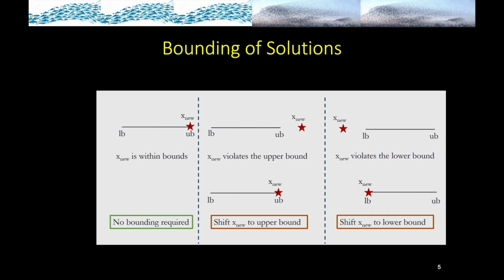For example, if your solution is -1, 1, then you have violated the lower bound on the x-axis, which has to be between 0 and 1, as this is a square. So in this case I'll move it from -1, 1 to 0, 1. So that's how the bounded solutions can be achieved and the bound cannot be violated.